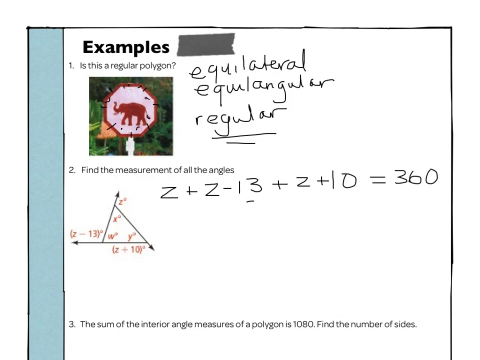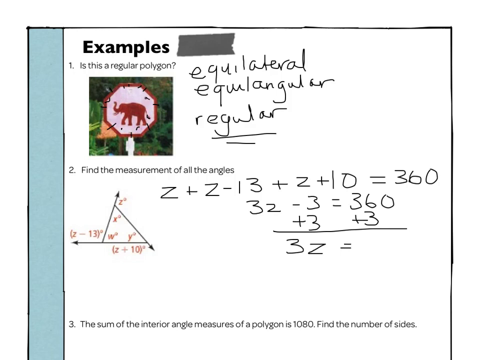So that would give you 3Z minus 3 equals 360. You'd add 3 to both sides. You'd get 3Z equals 363, which means divided by 3, Z equals 121.